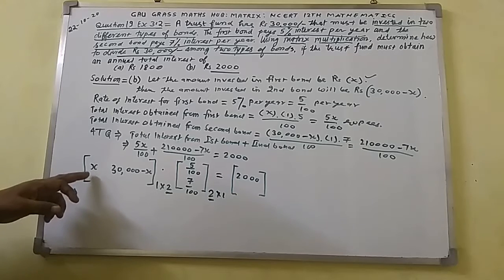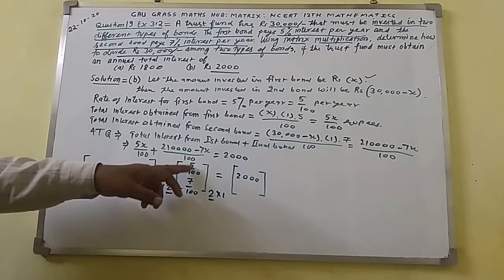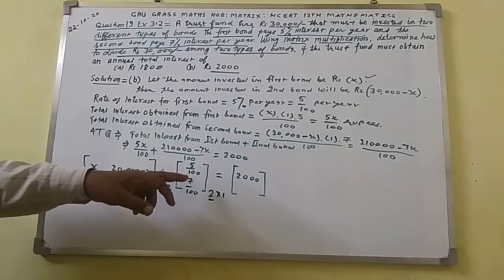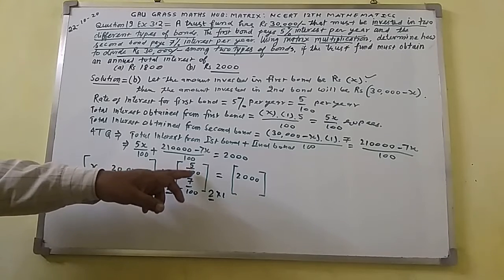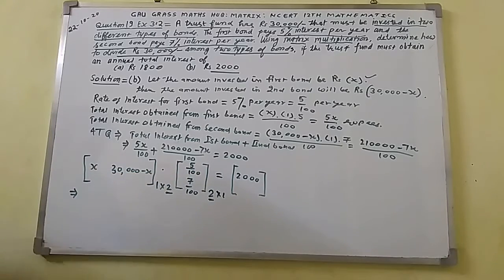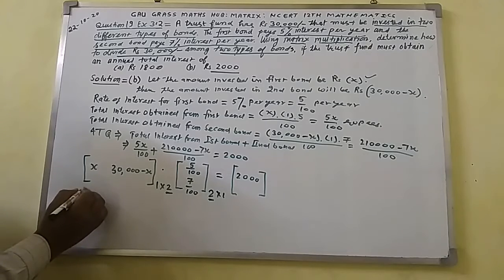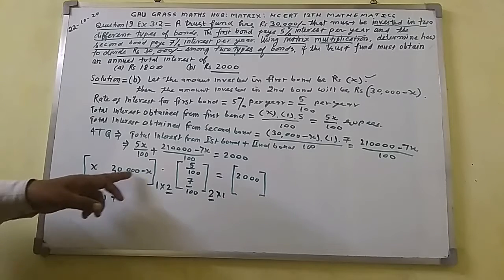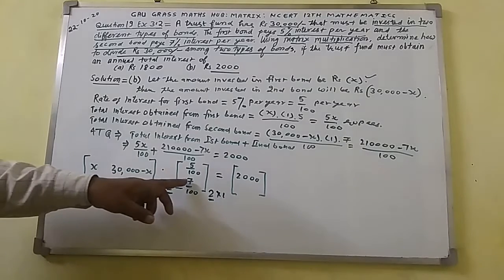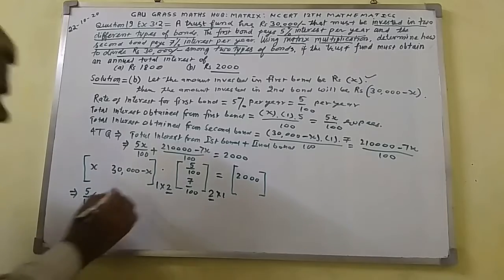The first element of the first row will be multiplied to the first element of the first column. So 5 over 100 will multiply to x. So here you will easily get 5 over 100 in bracket x, plus 30,000 minus x will multiply to 7 over 100.